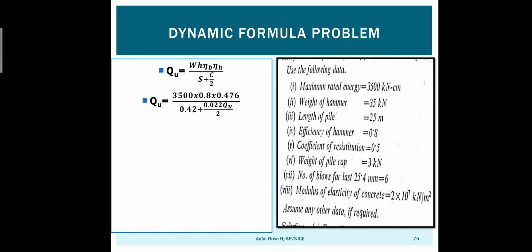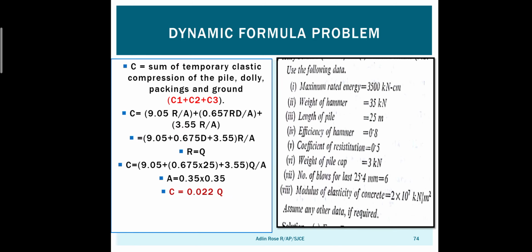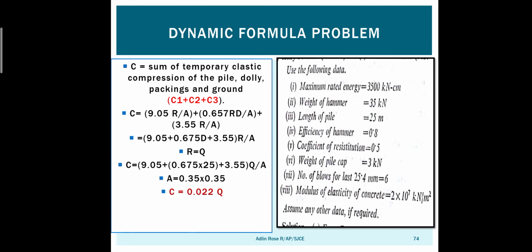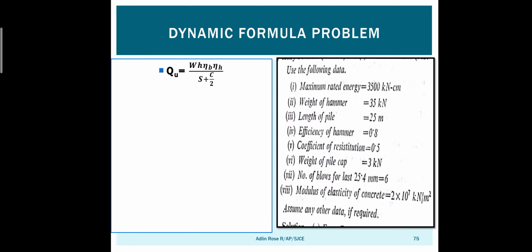So S is 0.42 plus the C value we just found out in terms of Q. So R is substituted as Q, so that C is equal to 0.022 Q. Substitute that Q here, QU by 2.